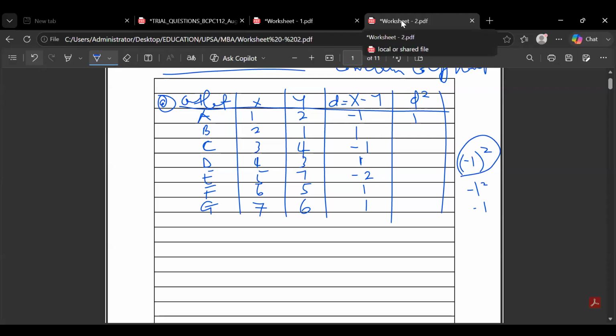Do you get it? 1. This is also 1. There's 1. There's 1. This is 4. There's 1. There's 1. Are you okay? Yes, I'm okay.